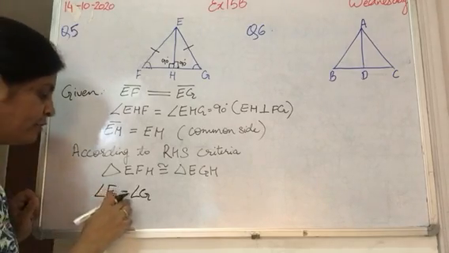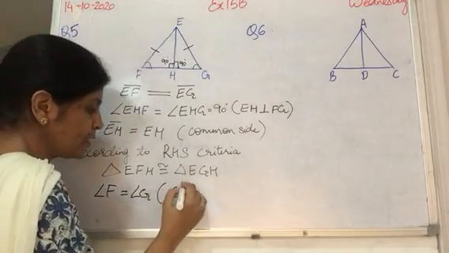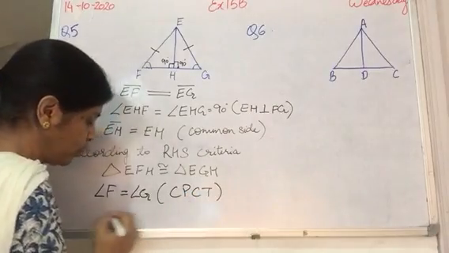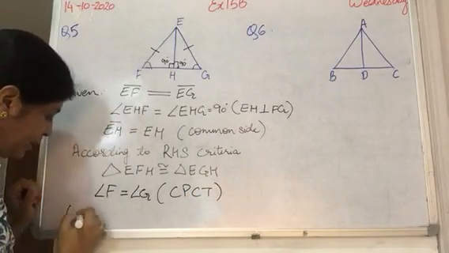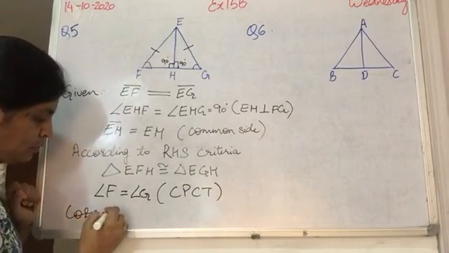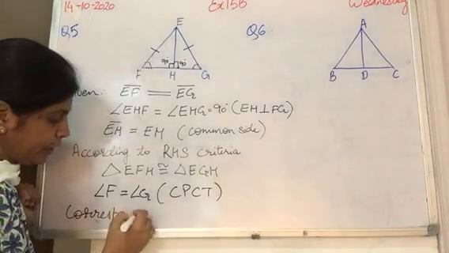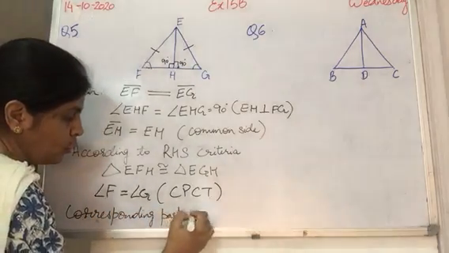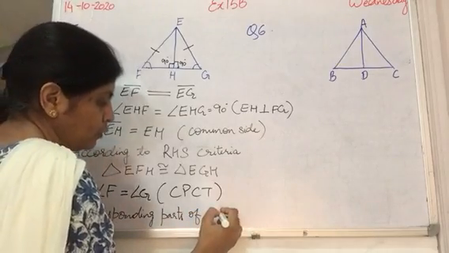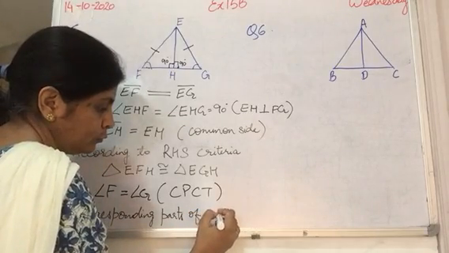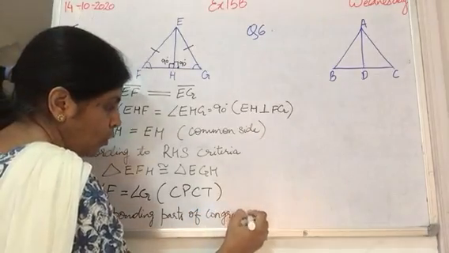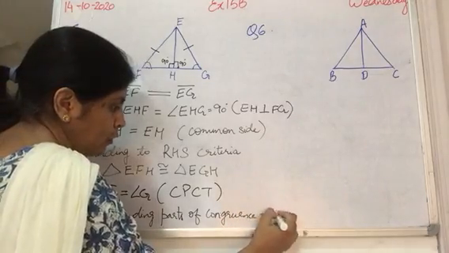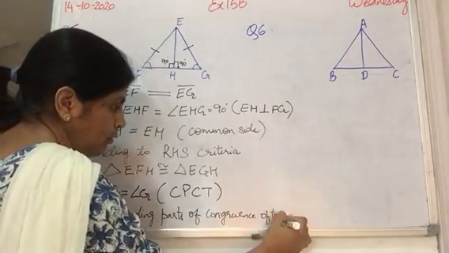And the reason we will write is CPCT. And what is the full form of CPCT? I am writing here: Corresponding Parts of Congruent Triangles.